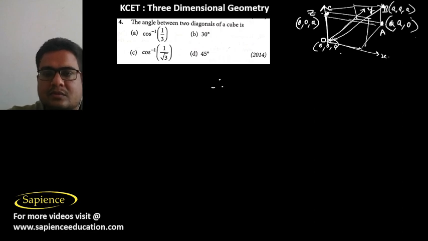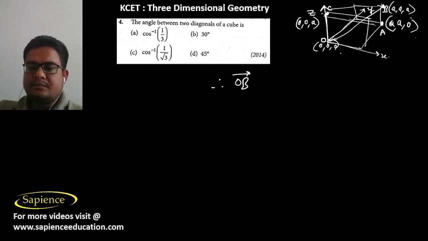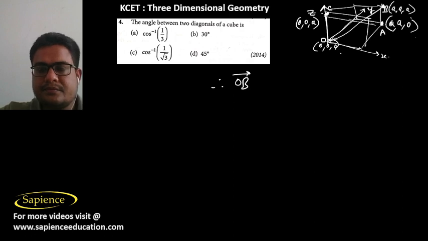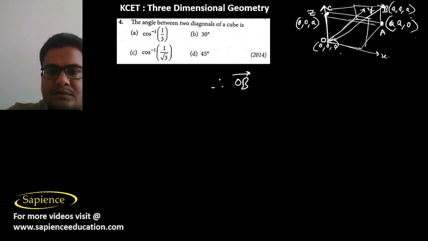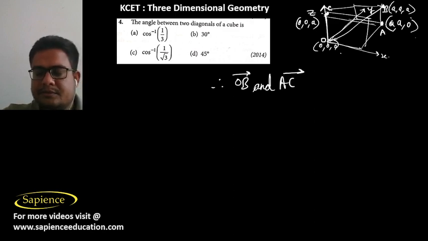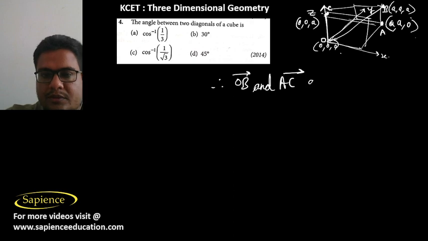Therefore the vector OB and the AC vector are along the two diagonals.